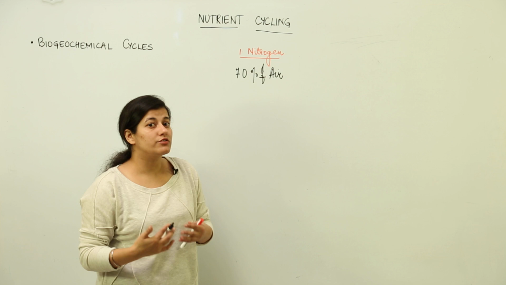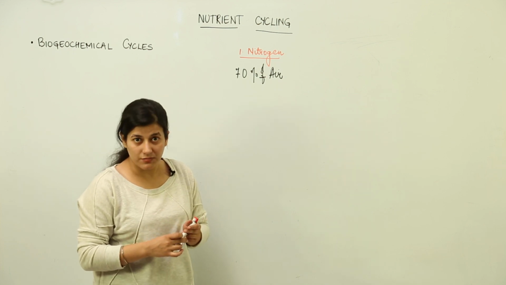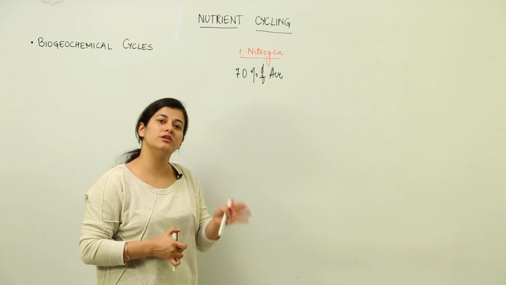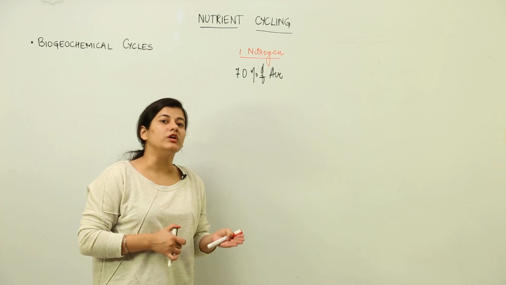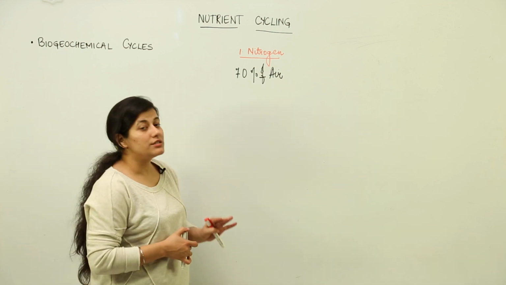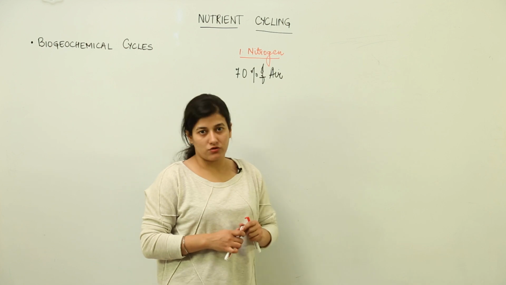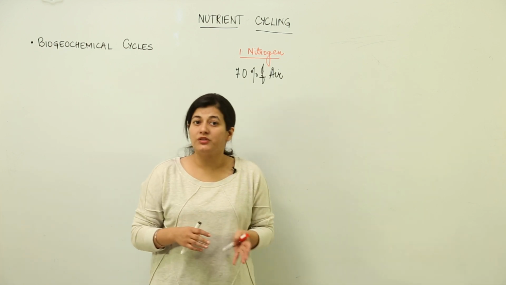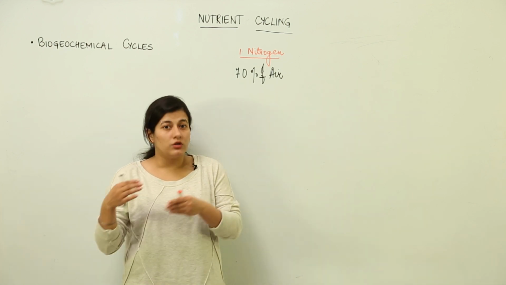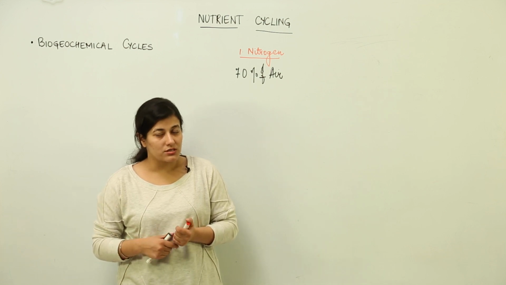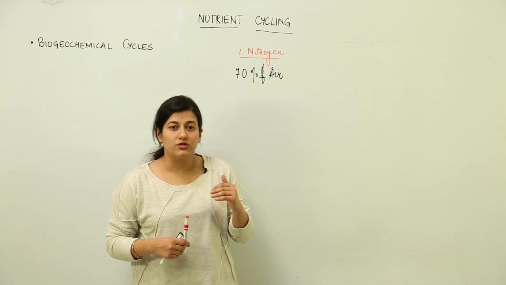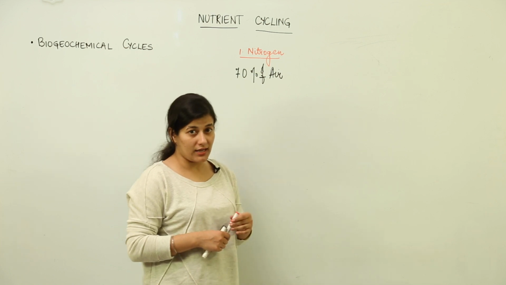So where does the nitrogen requirement of all organisms come from? It is going to come from the plants. Plants take it from the soil, but plants are not able to fix nitrogen. Plants are blessed with fixing carbon into glucose by photosynthesis, but they cannot fix nitrogen, and nitrogen is much more important than carbon.